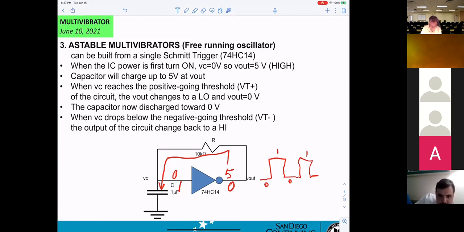Okay, what they say here, when VC reaches the positive going threshold, VT plus. Now, how much do you understand when they say VT plus?